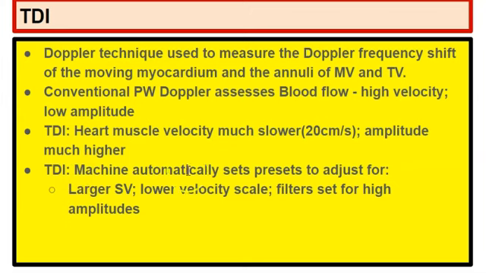When we're using this, the machine automatically sets the presets to adjust for a larger stroke volume, lower velocity scale, and filters set high for amplitude. So the machine does the settings for us. We do have some ability to change this, but for the most part, the machine adjusts this for us.